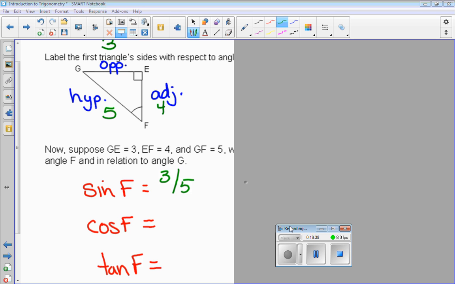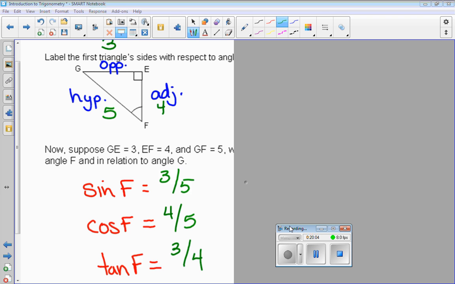So CAH. CAH is adjacent over hypotenuse, 4 over 5. Good. And then the tangent would be 3 over 4. I'm sorry. Yes, TOA, opposite over adjacent. Good.